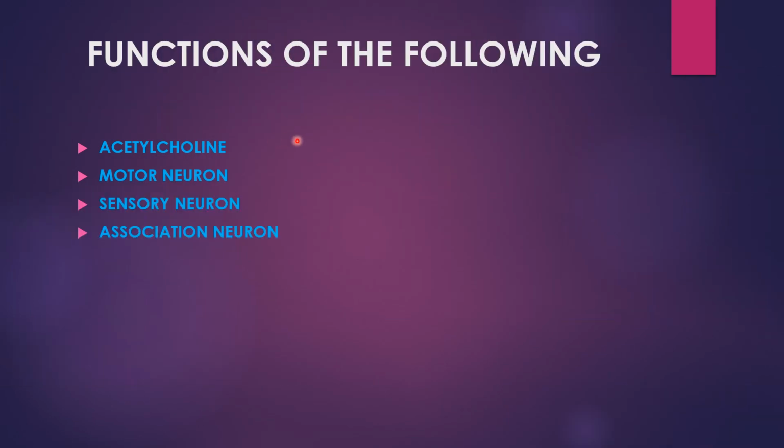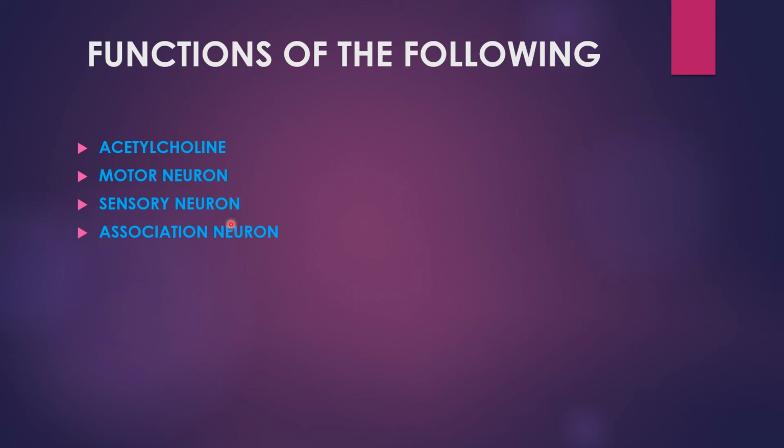Functions of the following. First one, acetylcholine. Acetylcholine helps to transmit impulses from one neuron to another neuron. It is a neurotransmitter. The next one, motor neuron. Motor neuron transmits impulses from brain or spinal cord to the effector.